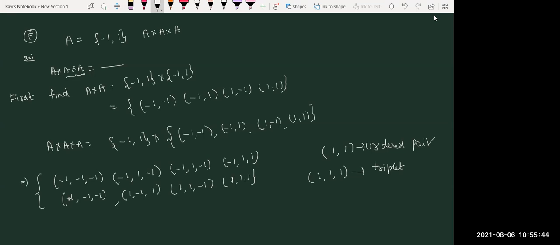Sir, what are distinct elements? Distinct elements means, for suppose, A equals to... so the numbers are different numbers.